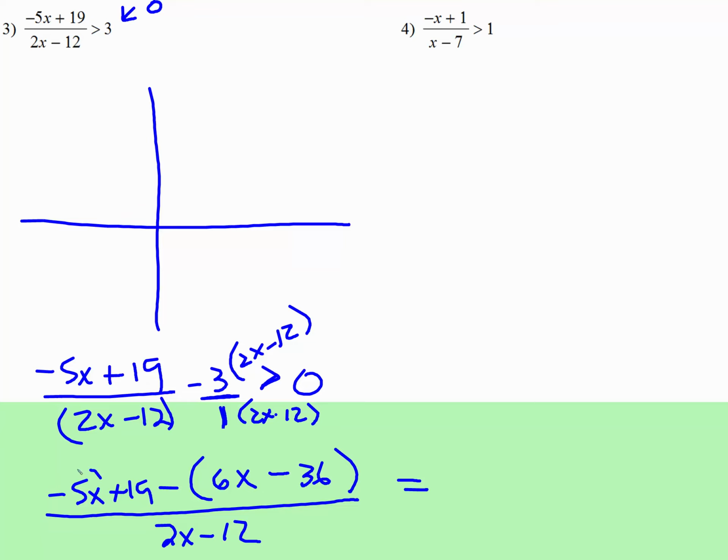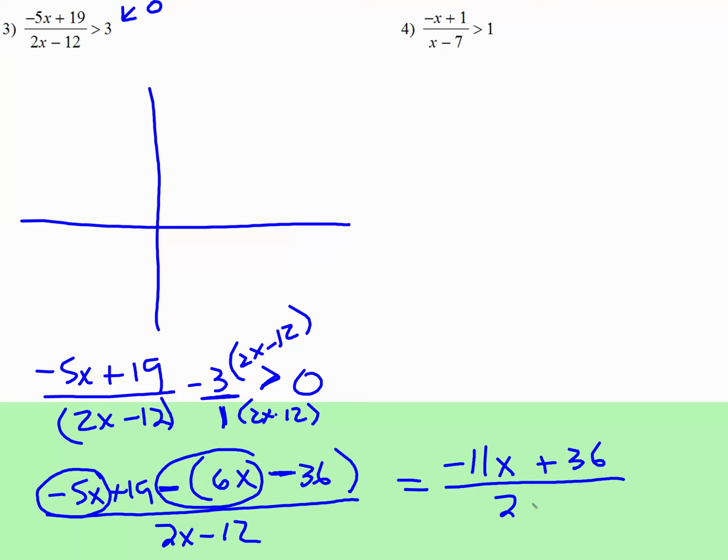Well, here negative 5x subtract 6x is negative 11x. Well, now we have positive 19. Well, look at what we have. We have subtract negative 36. Subtract a negative is the same as adding a positive. And we have 2x subtract 12. And all of that is greater than 0.